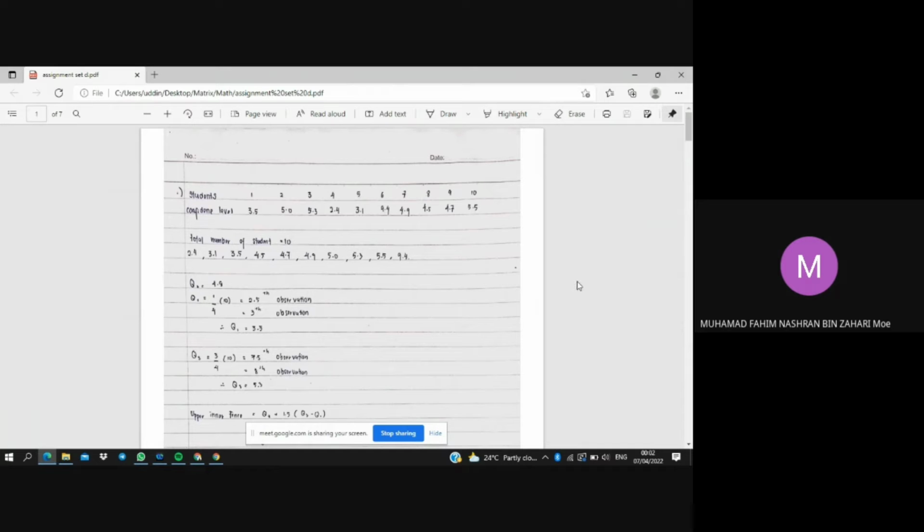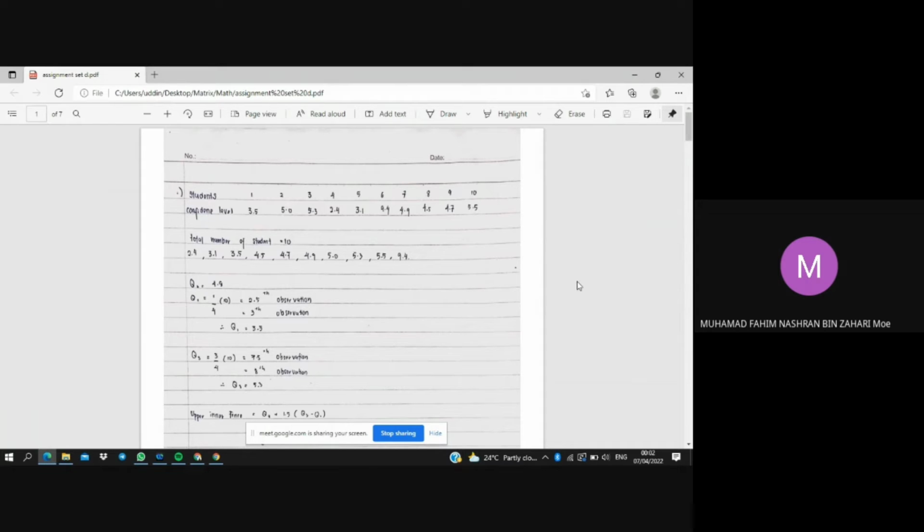Question 1, A1. Construct a box and whisker diagram. To construct the whisker diagram, we need to find the quartiles first. For the second quartile, we can take it from the median, which is 4.8. For the first quartile, it is equal to 1 over 4 times 10, then we get 2.5 observation.